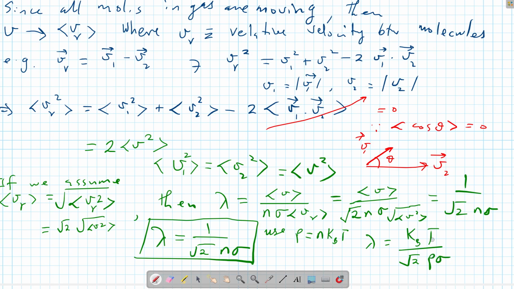So if temperature is constant, then the mean free path is inversely proportional to pressure, or if pressure is constant, the mean free path is directly proportional to the temperature of the gas, and the mean free path is really related to the cross section. Cross section is going to be our next topic, and I think that's it for now.